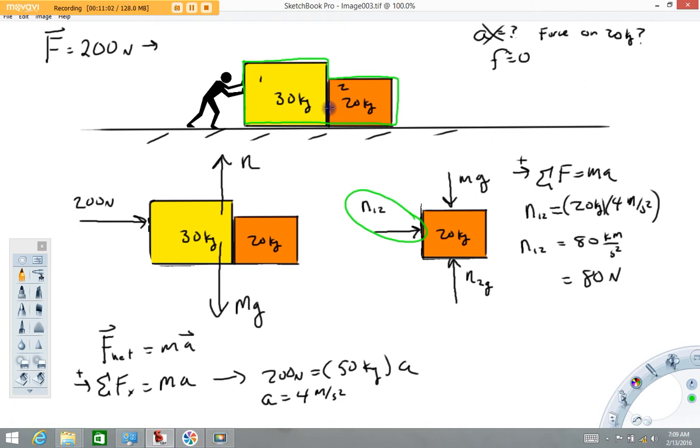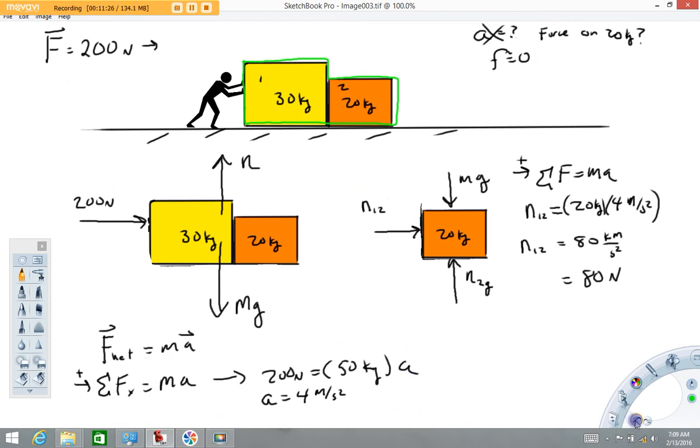Even if I did put it there to the right, I've got another one acting to the left on the 30 kilogram mass. That's Newton's third law. Remember, forces always appear in pairs, equal magnitude, opposite direction. So it's very important to realize that free body of this system does not include that normal. And that allowed me to find the acceleration right away with one nice easy equation.